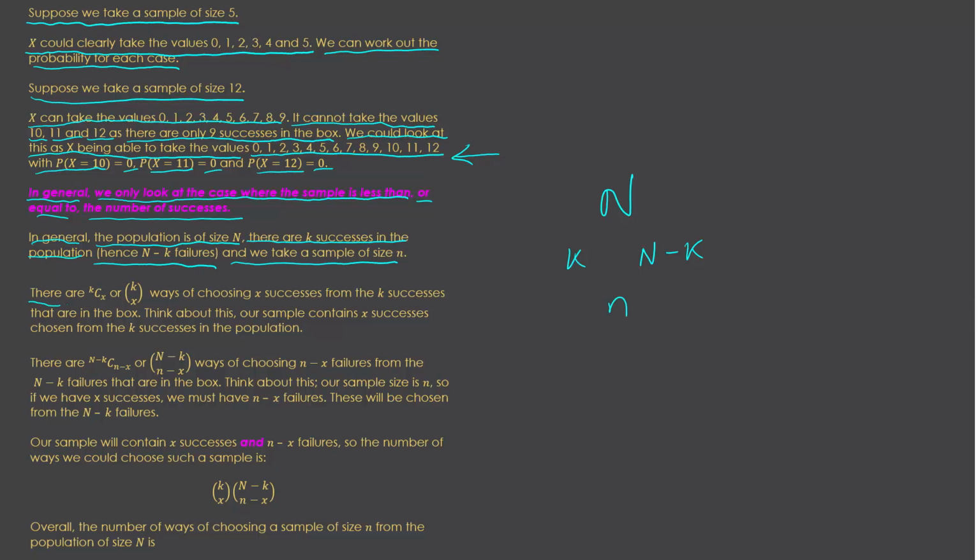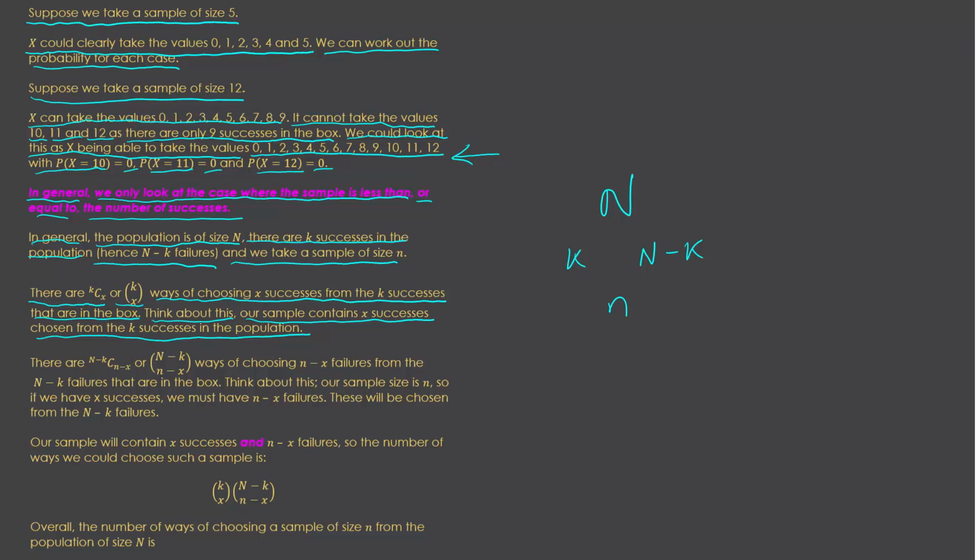There are kCx, or (k x) is another way of writing that notation, ways of choosing x successes from the k successes that are in the box. Think about this. Our sample contains x successes chosen from the k successes in the population.